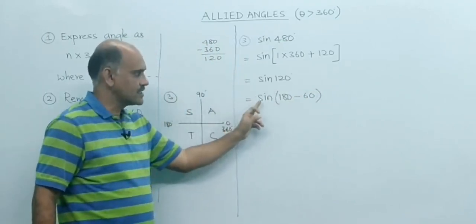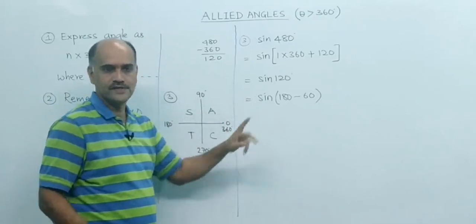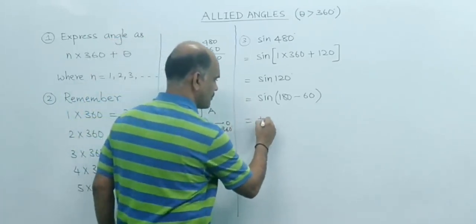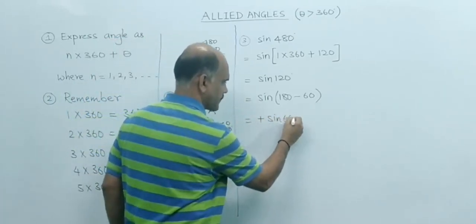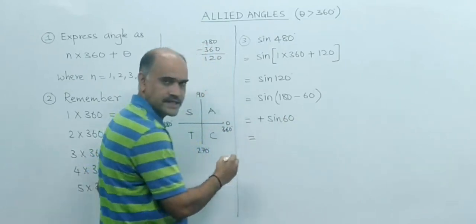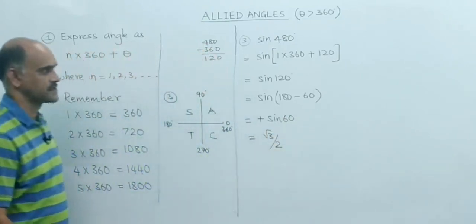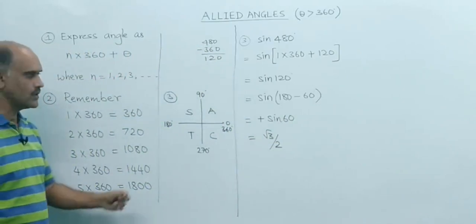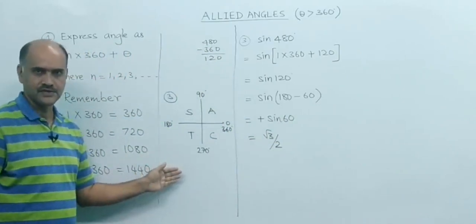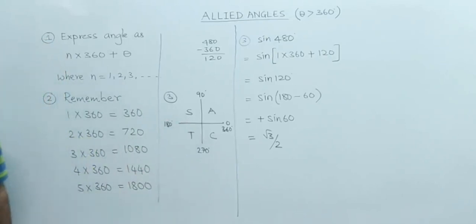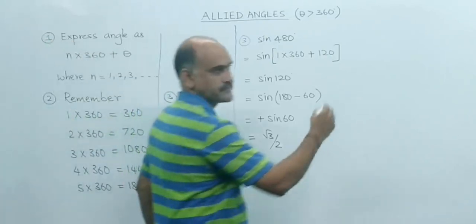In the second quadrant sine is positive. So you will have plus sine 60. Substitute sine 60 is root 3 by 2. So the answer is plus root 3 by 2. Clear, students?